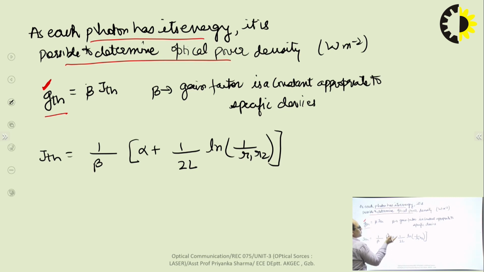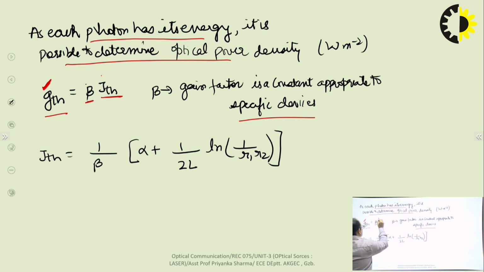That should always depend upon the initial threshold condition, the threshold current density required to have a stimulated emission. Clear? And that is the factor multiplied by beta. So beta is the gain factor which depends on the specific devices.